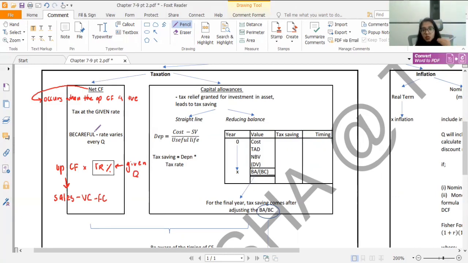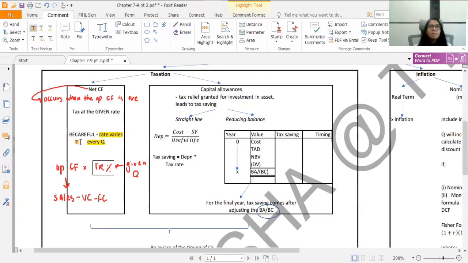I want to remind you that the tax rate will vary for every question, so be extra careful, because I don't want you to work on default. What do I mean by work on default? Normally, when you are a student and you have practiced too many questions, you will notice a trend.